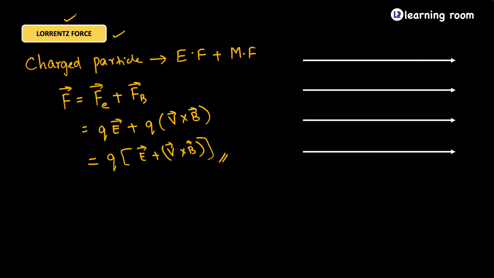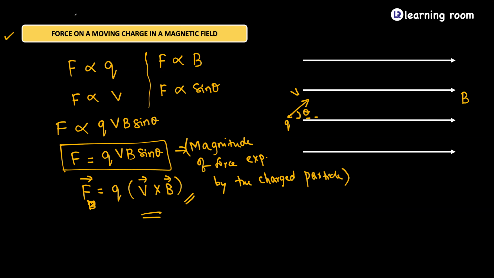So the previous force that we have written here, Fb vector equals Q into V vector cross B vector, you can also call the Lorentz force for magnetism.